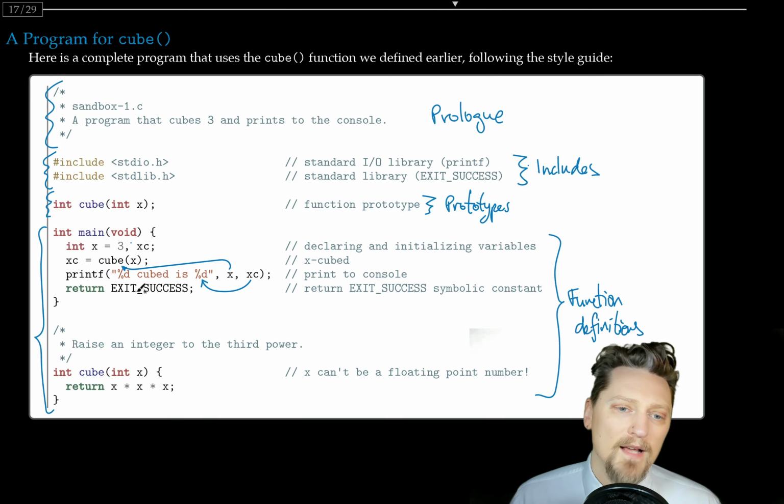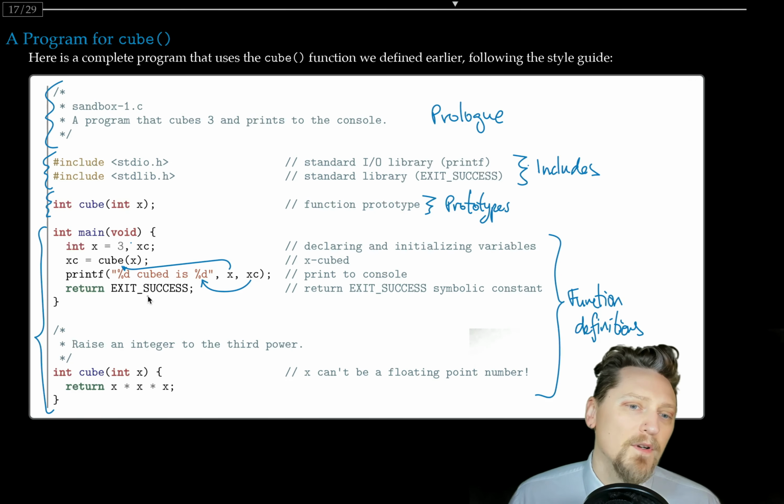Then it's going to return EXIT_SUCCESS, which is whatever this macro evaluates to, which is 0. So EXIT_SUCCESS is what we are supposed to use as the constant when things have worked out correctly in our program. Often people will just return a literal 0 instead.